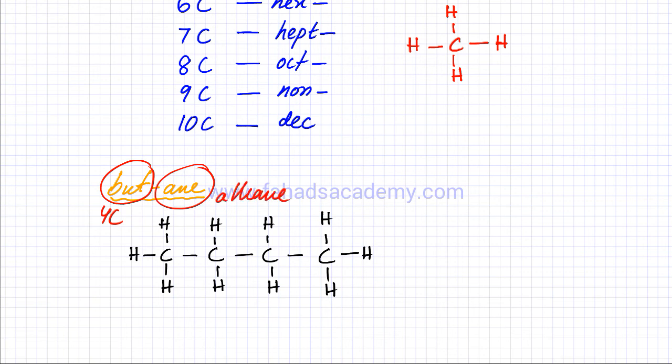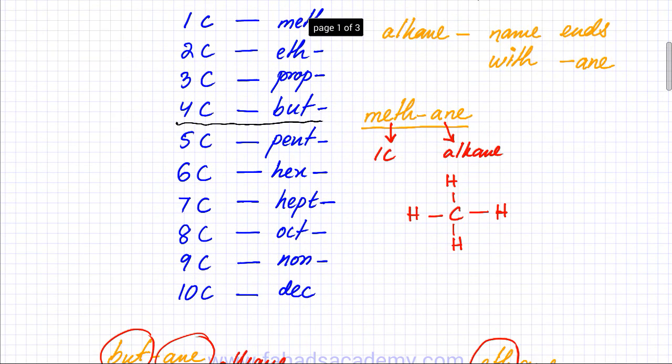Let's do one more example. Let's do an example of ethane. Let's keep the molecule size small at this point. Now I've written that together, but if you break it apart, the first part in this particular case stands for eth, and if you look at the table that I have drawn, eth means that it has two carbon atoms.